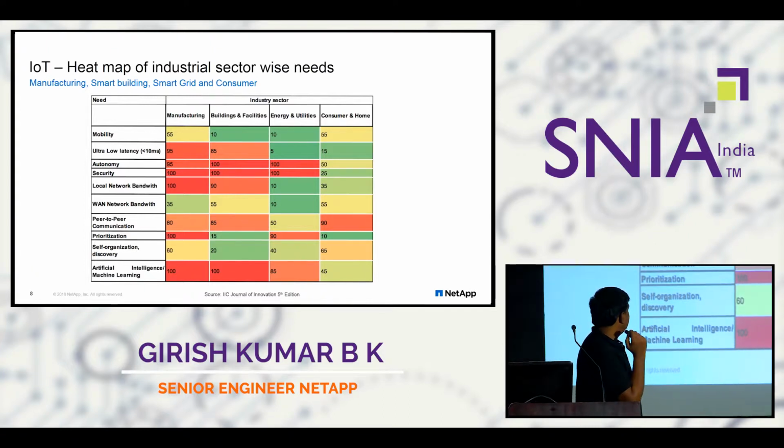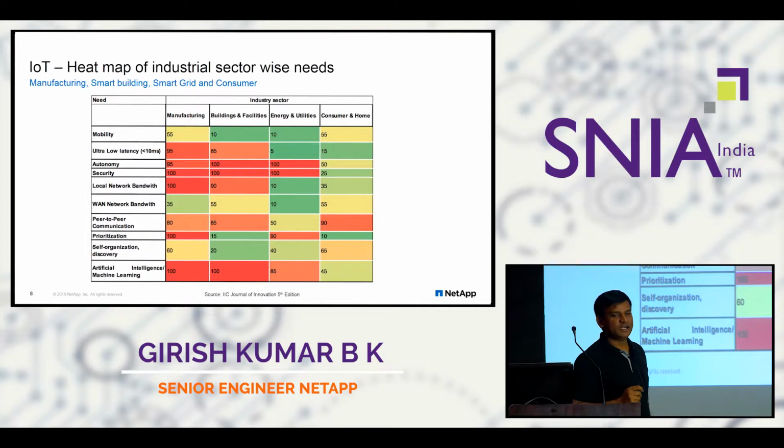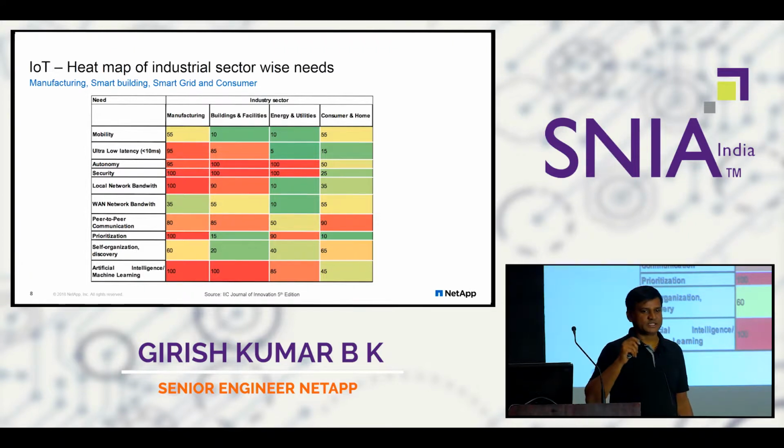The next one I'll touch upon is ultra low latency. It's 95 here. What it means is that they can't afford a failure. A decision has to be taken very quickly as to whether you want to replace this device, and it could be within milliseconds.